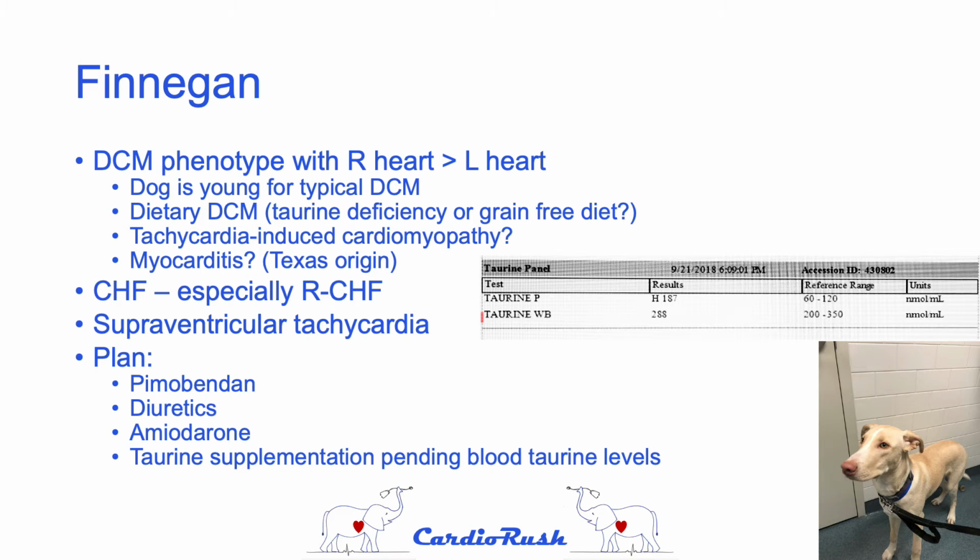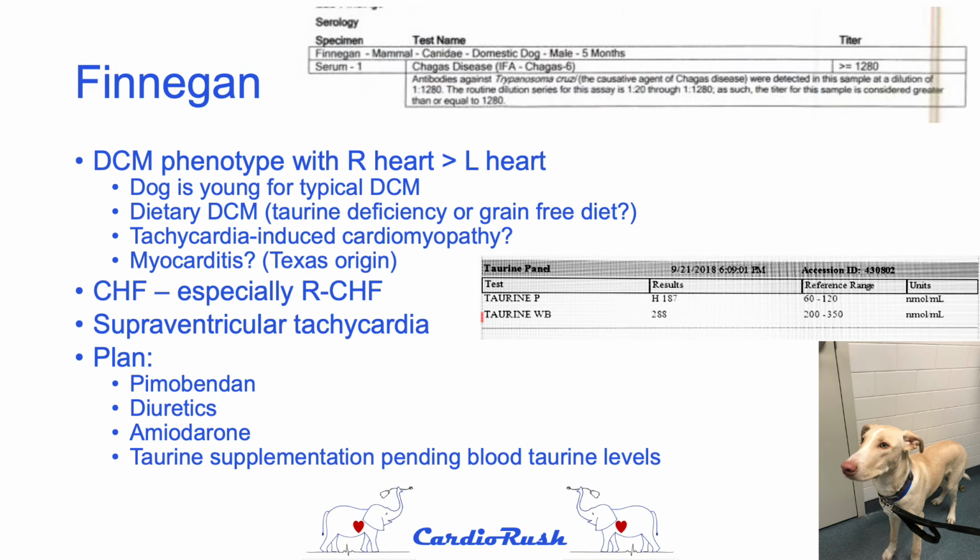We also submitted a Chagas disease test, and that came back as clearly elevated. And we thought that there's a pretty good chance that the dog had Chagas cardiomyopathy. Then itraconazole was added into the therapy, and it seems that some dogs might respond favorably to the combination of amiodarone with itraconazole.